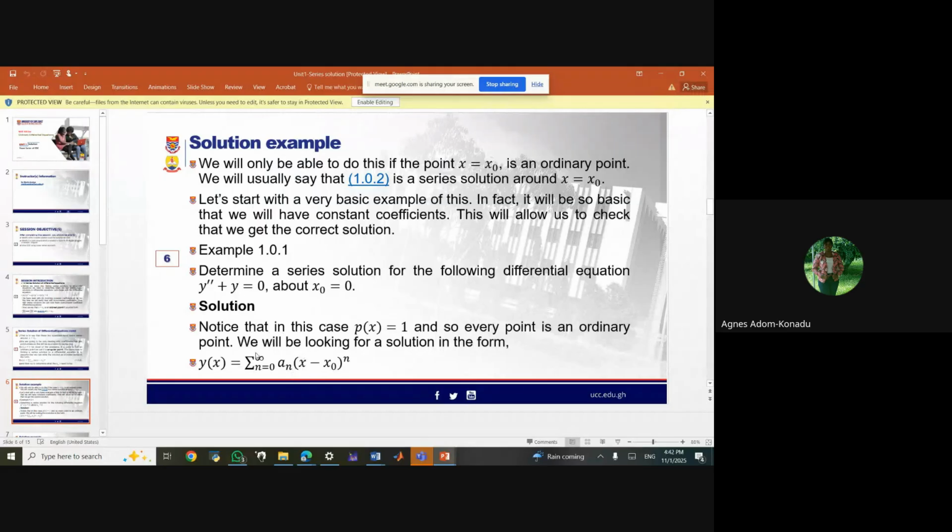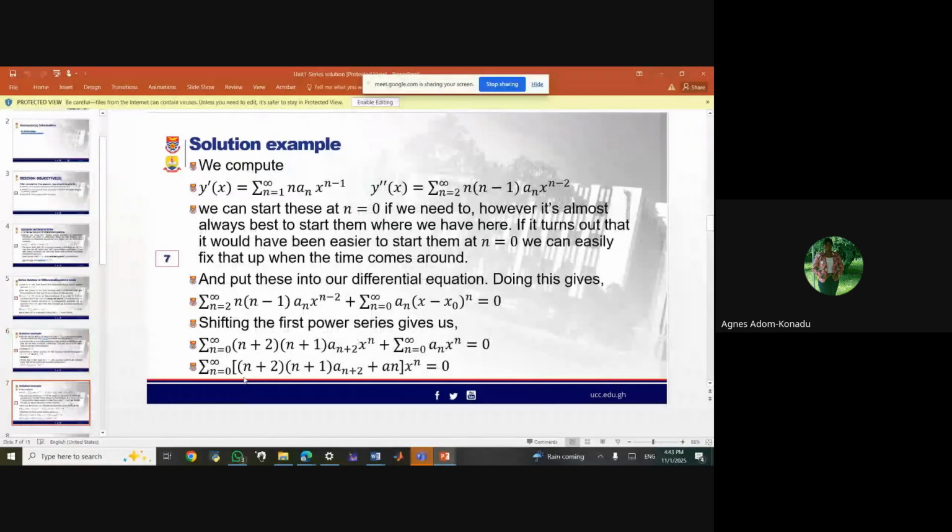And we know that anytime we have a guess solution, we have to find our first differential, second differential, and then substitute them into the equation. So if this is my solution, I have to find my first differential. My first differential will be n a sub n x to the power n minus 1. We are summing from n equal to 1 to infinity because, looking at this, we should start from n equal to 1.